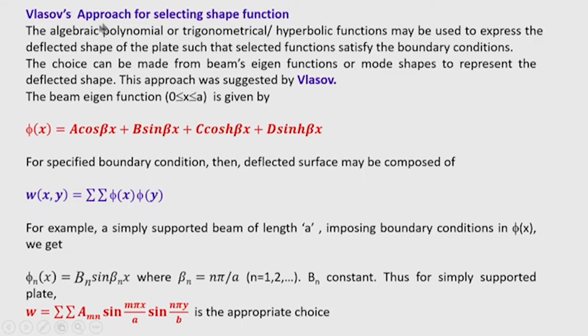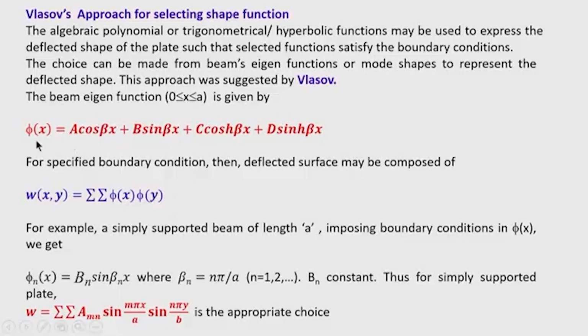But the difficulty with the eigenfunctions is that some eigenfunctions of the beam, especially for boundary conditions which are not found frequently, are hard to use. For example, the eigenfunction for a beam fixed at one end and free at the other end, that is a cantilever type, contains hyperbolic and trigonometrical terms.